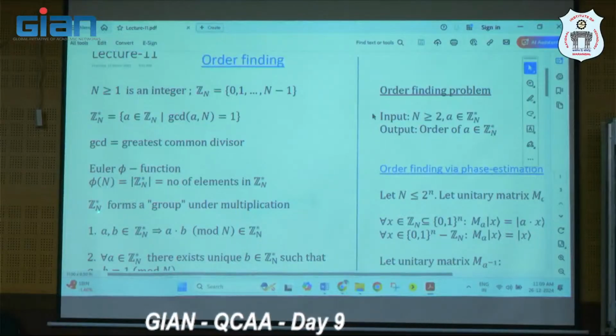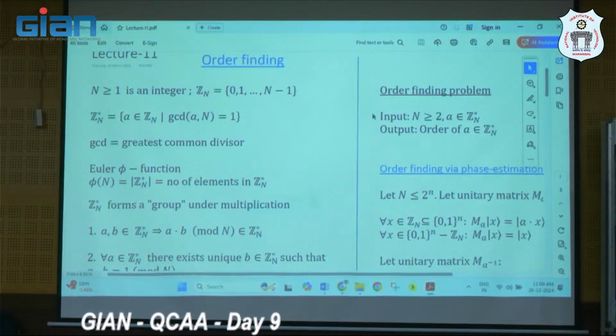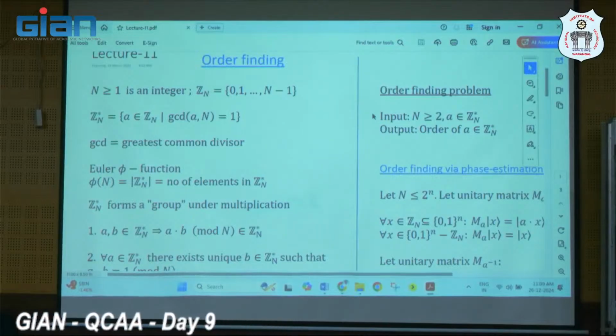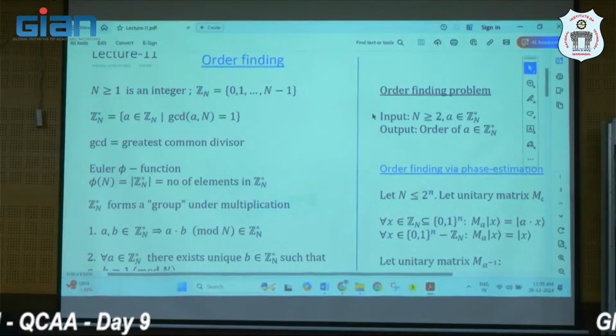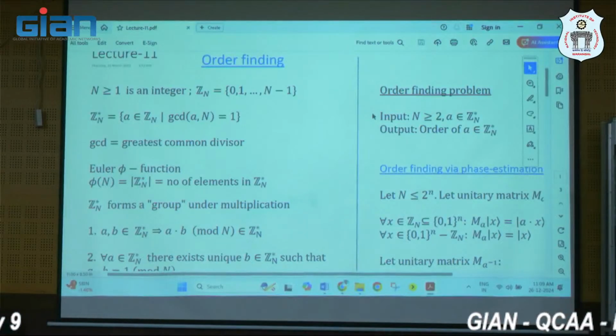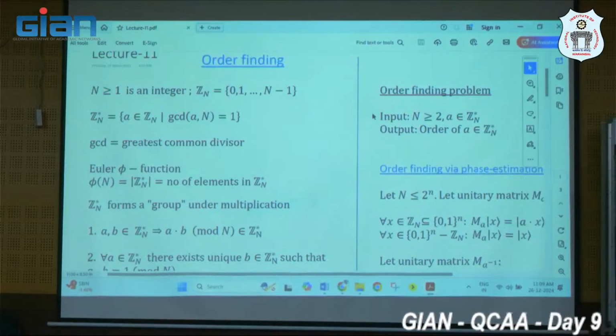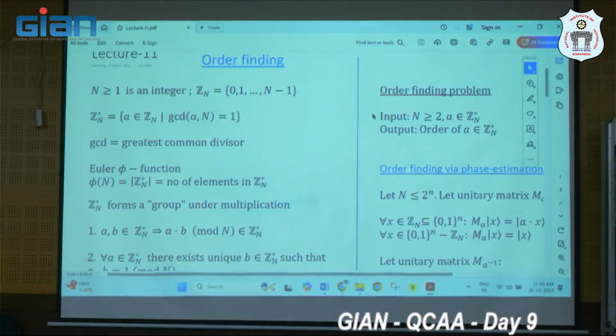Another thing, this Z star n forms a group under multiplication. Okay, group. You know what is a group? Please raise a hand who know what is a group. Fantastic.